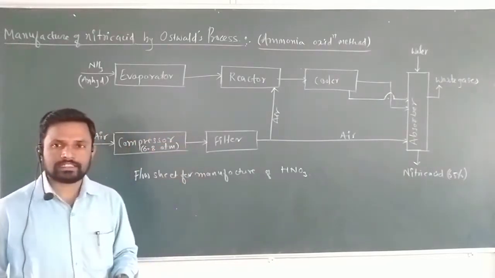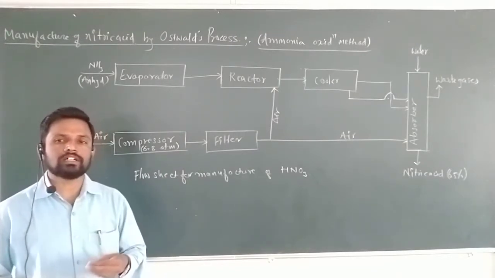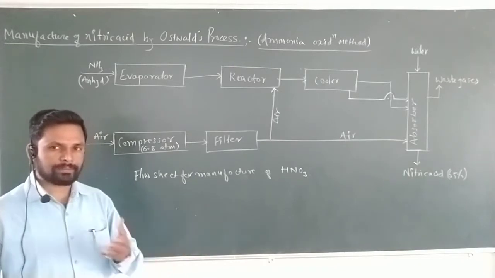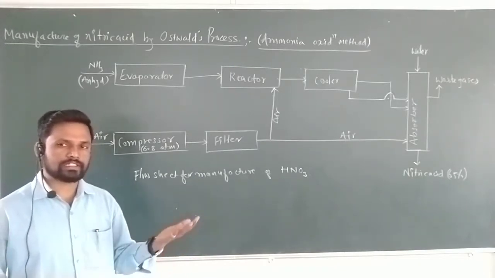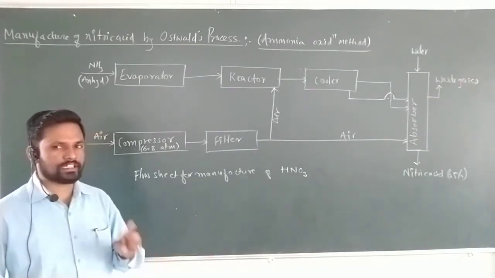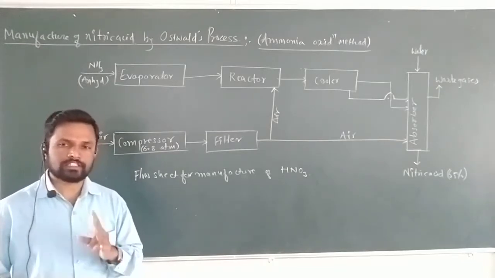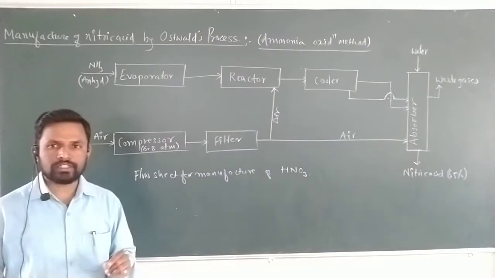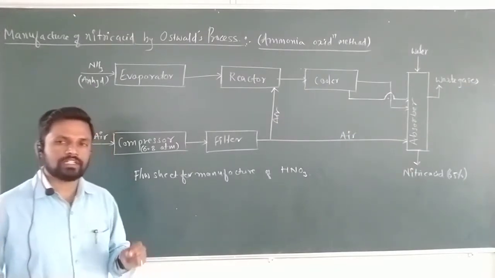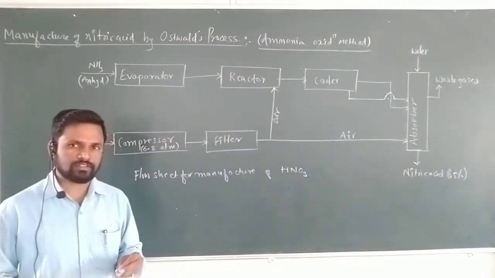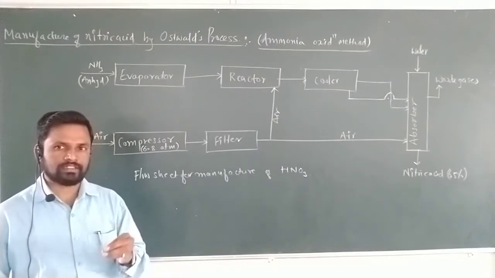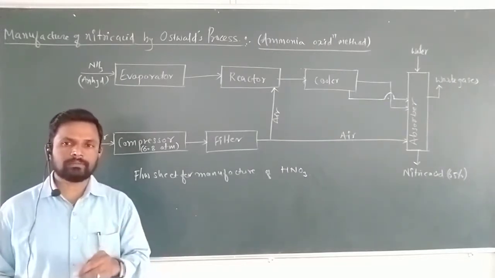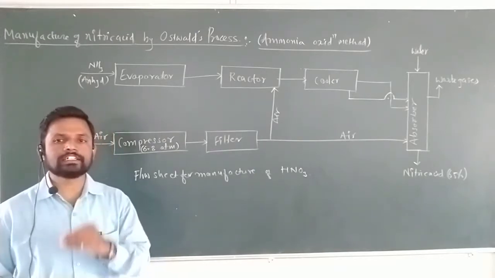This process is also called the ammonia oxidation method. The basic principle we studied in the previous lecture has three important steps. The first step is the oxidation step: dry ammonia is oxidized with air, that is oxygen, in the presence of platinum and rhodium as a catalyst at 750 degrees Celsius.